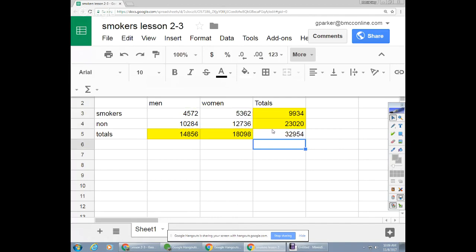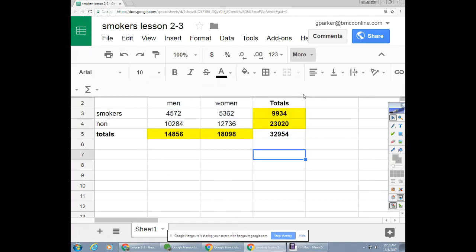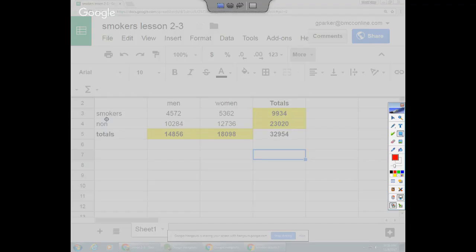And it'll give me the complete total here. Like these guys and make them bold because they are totals. All right, let's just make this a little bit prettier. So here's what we got. So I'm going to take that into my notebook, and we're going to try and answer those questions.